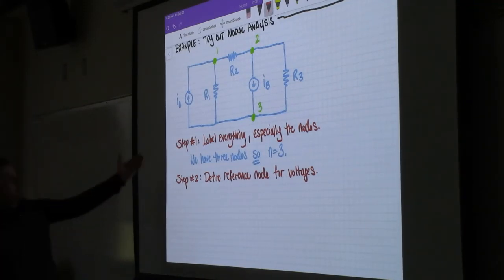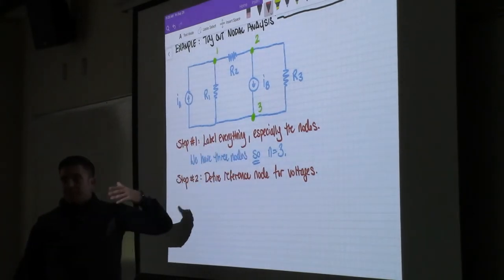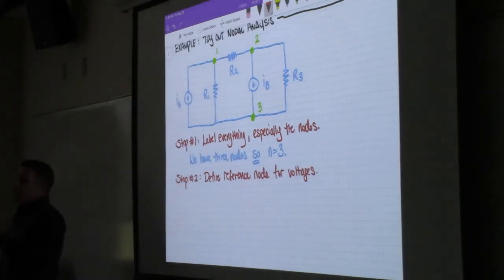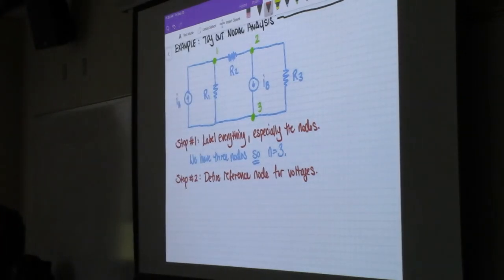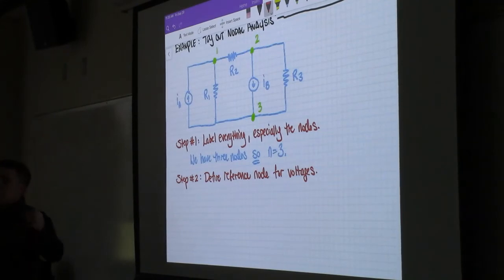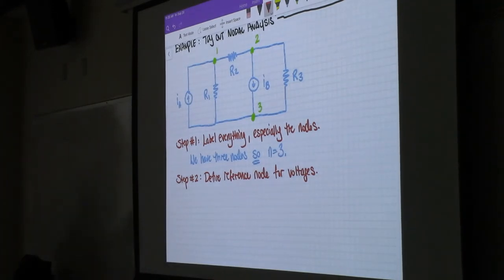Often at the bottom, there's one node that encompasses a lot of branches. I mean, we'll go through a lot of examples. This decision of which node to use as the reference doesn't usually end up being a big question mark. It's pretty obvious in a lot of cases. Okay, so we're going to choose 3.